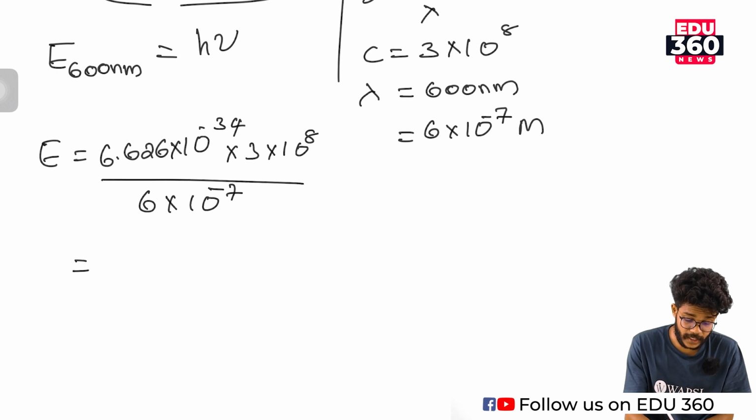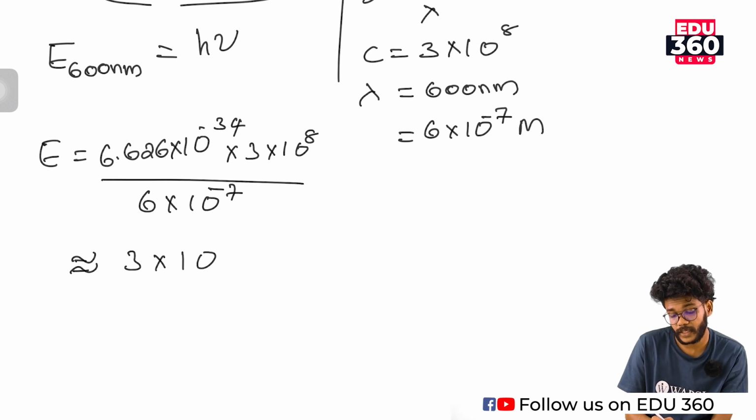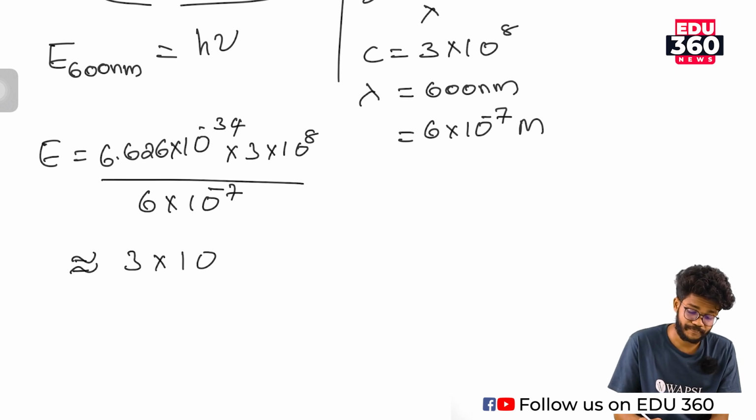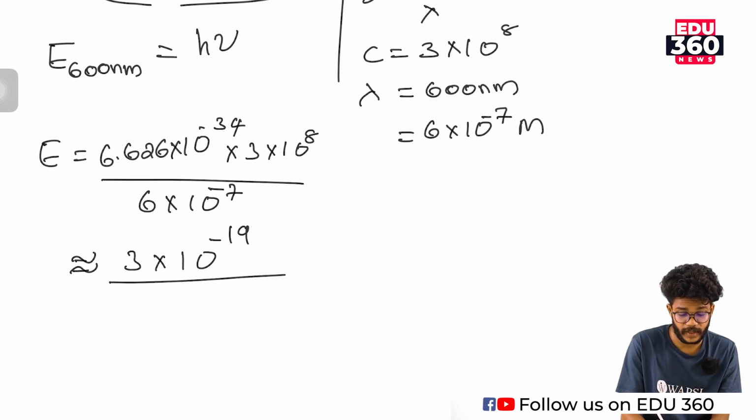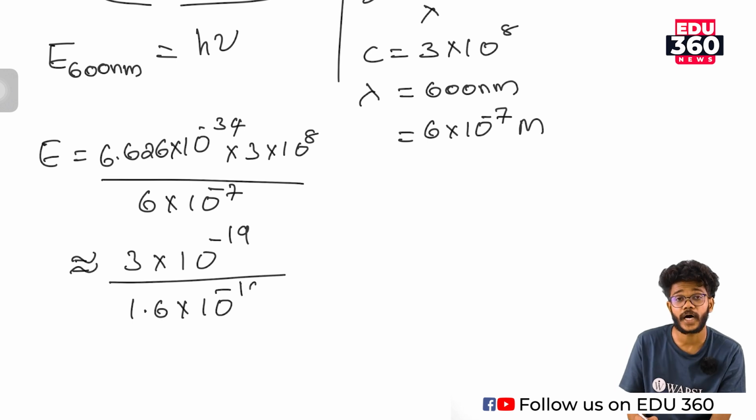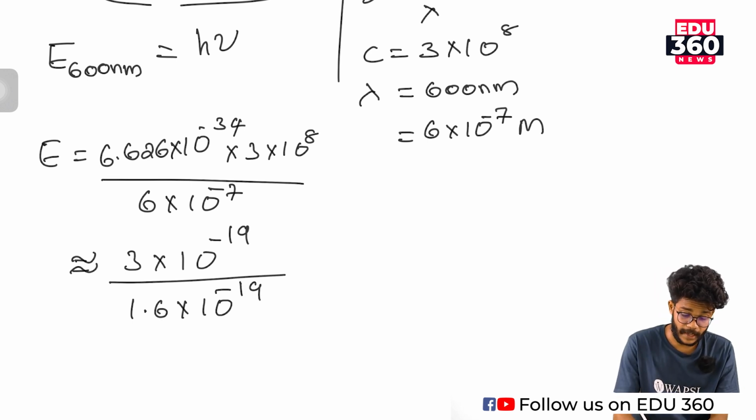So approximately the energy is 3 into 10 raised to, the 10 to the power minus 7 can go to the upside, so the total power is 15 minus 34, which is minus 19. Energy is 3 into 10 raised to minus 19 joule, divided by 1.6 into 10 raised to minus 19, the charge in coulomb. So the answer is approximately 2. The energy is approximately 2 electron volt.